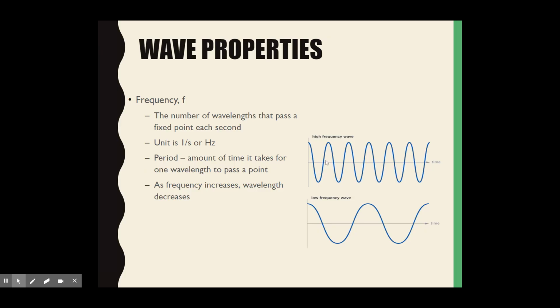So looking at these two diagrams here, they're traveling for the same amount of time, but we see this one, the frequency is much more, meaning its wavelength is less compared to this guy. So frequency is the number of waves that pass by per unit of time, and wavelength is the length between equivalent points on the wave.